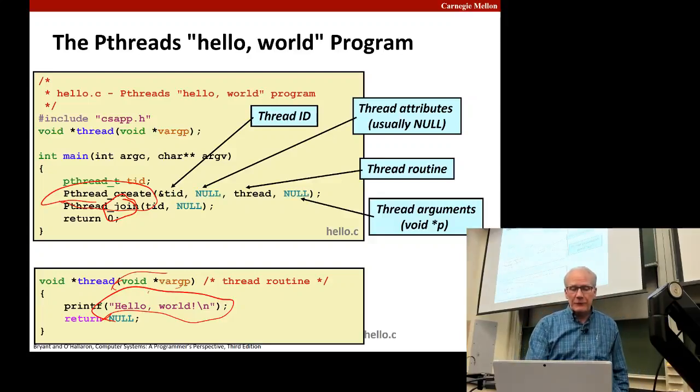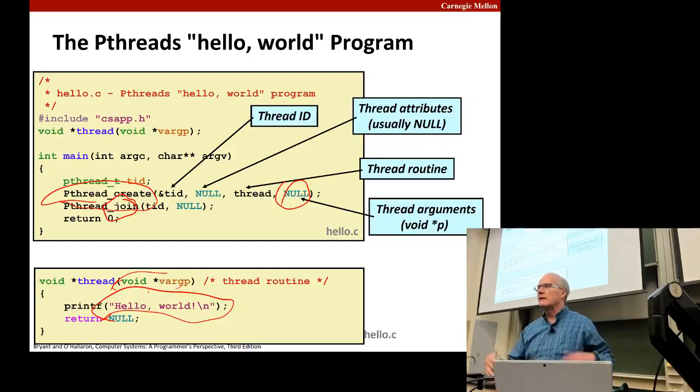So in general, the thread routine will be a program that is given a single void star as a pointer, and that will be whatever was passed to it in the create. And that void star you can cast to whatever you want and extract out of it. You can pass a pointer to an array, you can pass a pointer to a struct, whatever you want, and then that can be deciphered by the thread function.